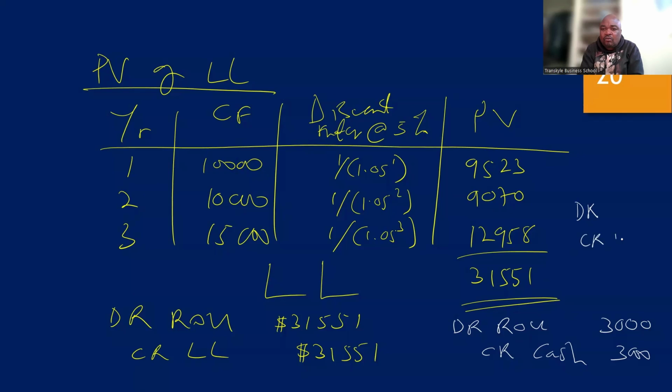We are crediting ROU, reducing the ROU by that amount, but we are debiting cash. We are receiving money, but at the same time, we are reducing the asset. No profit or loss there.